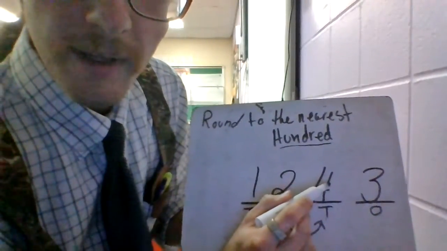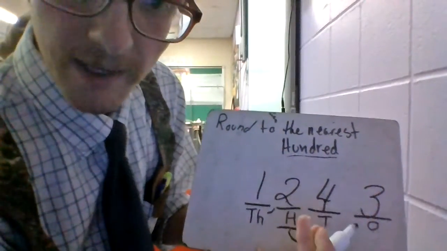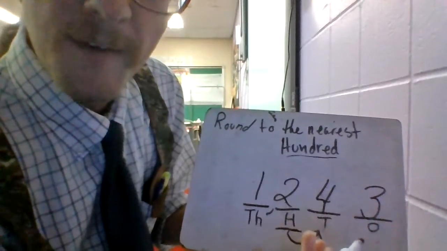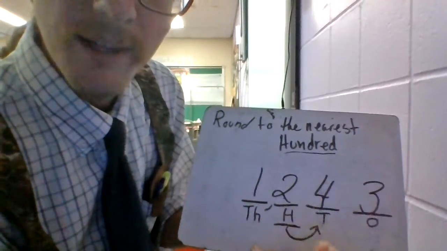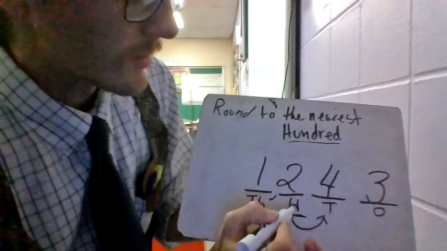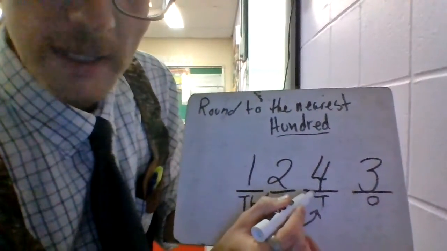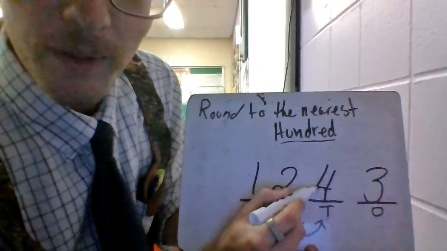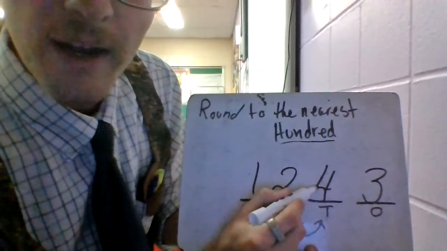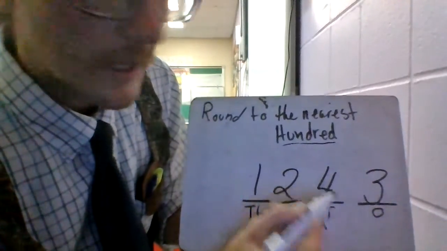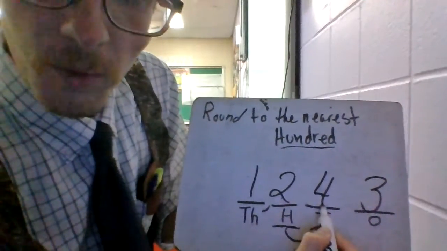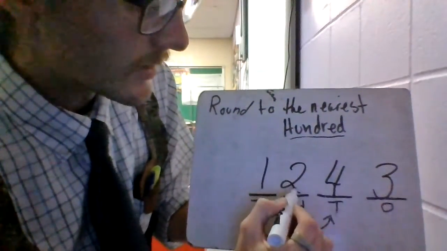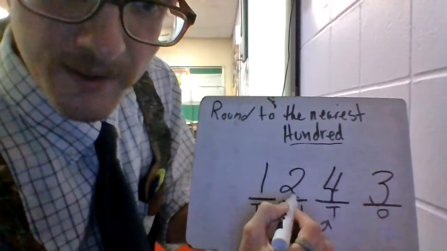The old rule is 4 or less, let it rest. 5 or more, let it soar. So looking at the place value immediately to the right, is this 4 or less, or is this 5 or more? It fits the category of 4 or less, so this is going to rest.